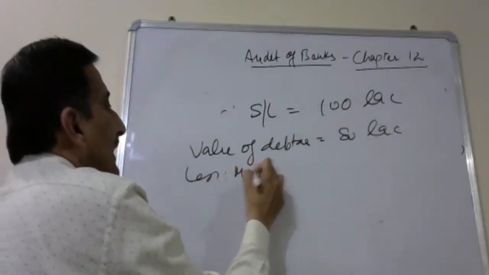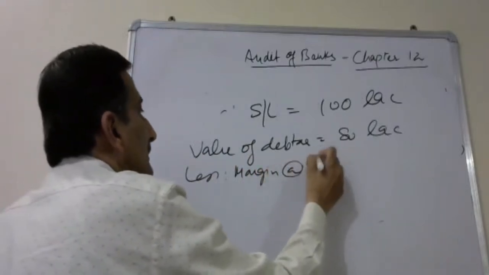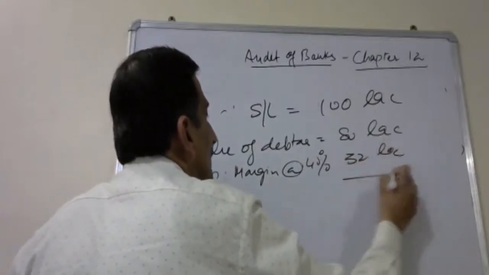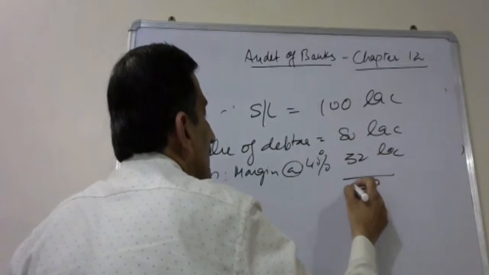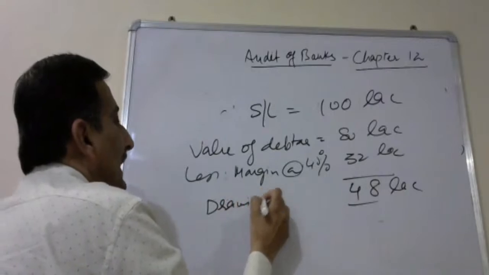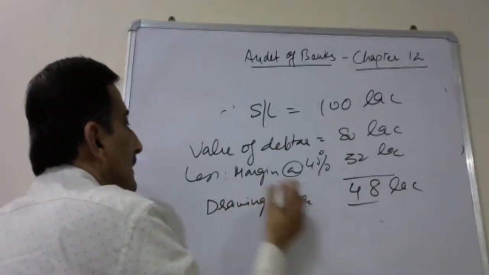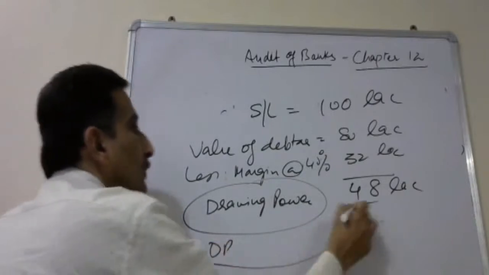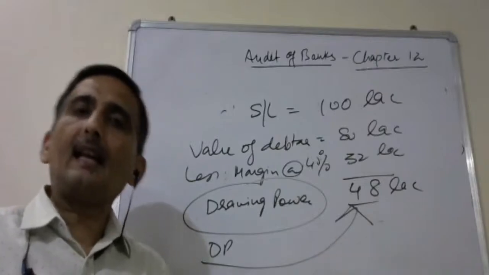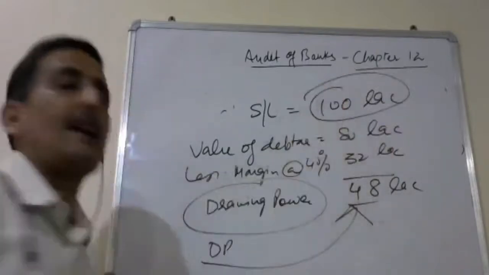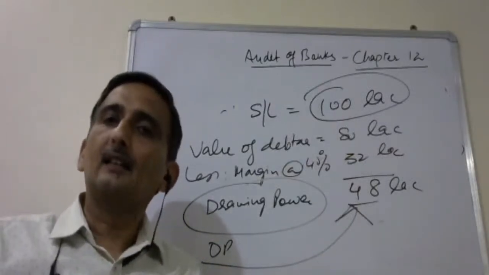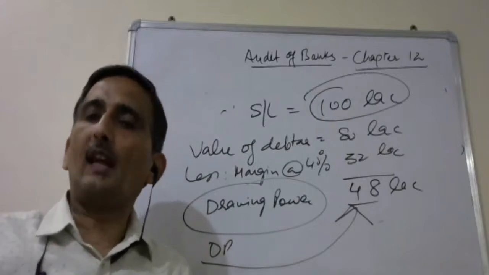Less margin at the rate of 40%, say 32 lakhs, so drawing power would be 48 lakhs. The borrower is entitled to draw only up to 48 lakhs, although his sanction limit is 100 lakhs, because DP is lower. In our statement, DP was higher. So whichever is lower, we have to take.